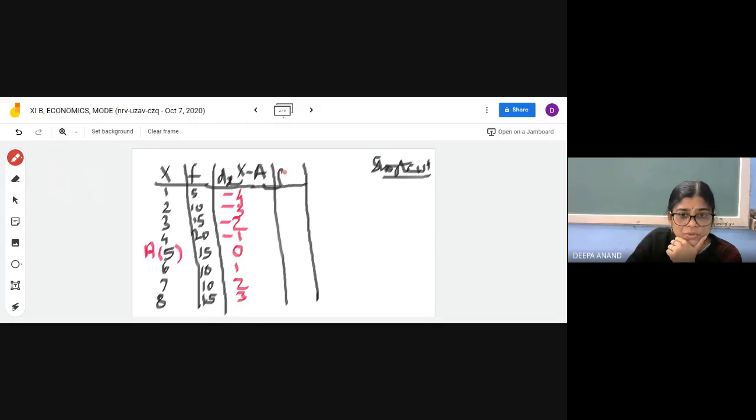So you have to make the f dx column next, f into dx. There is no value of deviation without multiplying it with the frequency. So in the f dx column you will write f into dx. What do you mean by f dx? F into dx, that is f dx.